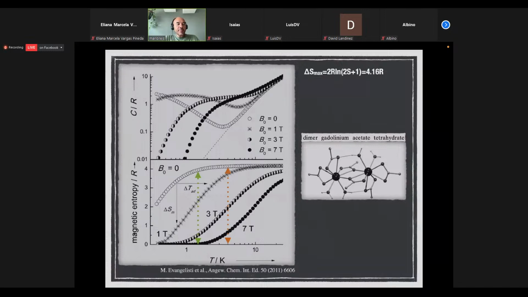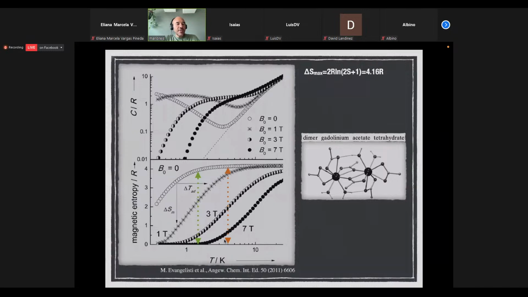And here the corresponding entropy, not the entropy change, but the entropy. You see that for 7 Tesla, the curves almost reach the maximum entropy change. If measured at 8 or 9 Tesla, they would reach the maximum entropy change.